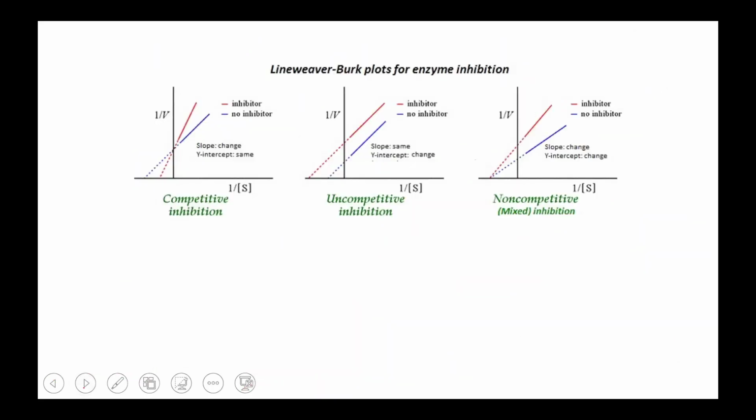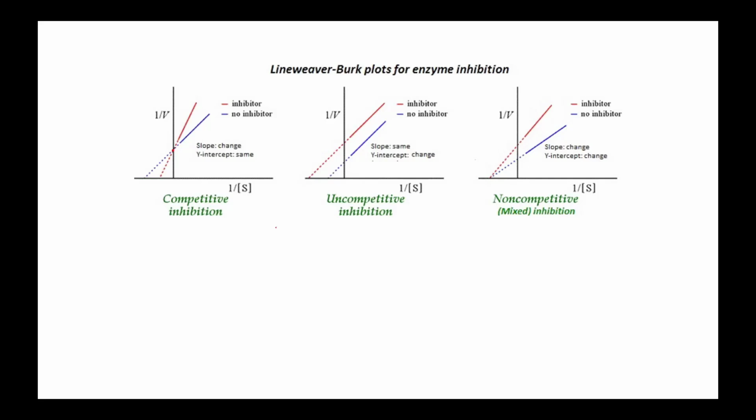Okay, if we see the graph, the Lineweaver-Burk plots for enzymatic inhibition will give three different patterns. All these blue lines show the reaction without any inhibitor. For the competitive inhibitor, it is increasing the Km value, which means decreasing the affinity of substrate towards the enzyme, but Vmax remains unchanged.